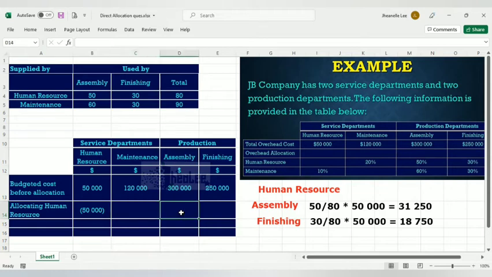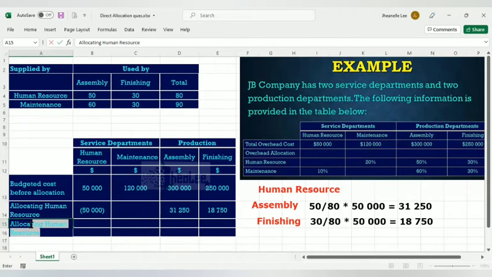Using the direct method, direct allocation method, you're only allocating to your production department. Based on calculation, the assembly is $31,250 and the finishing is $18,750.